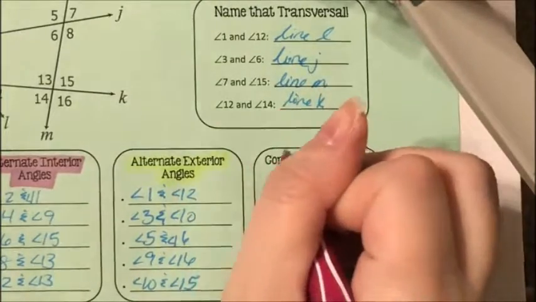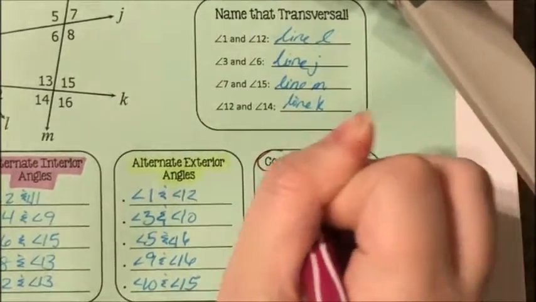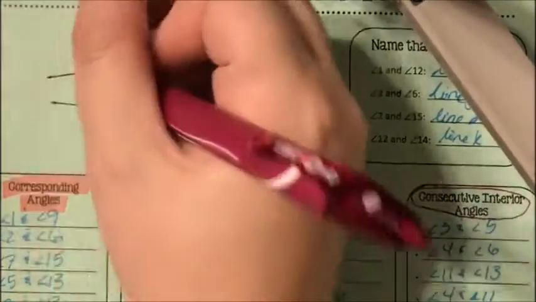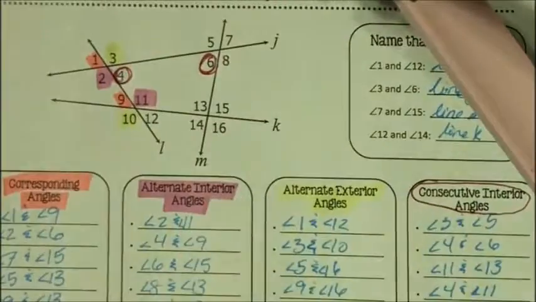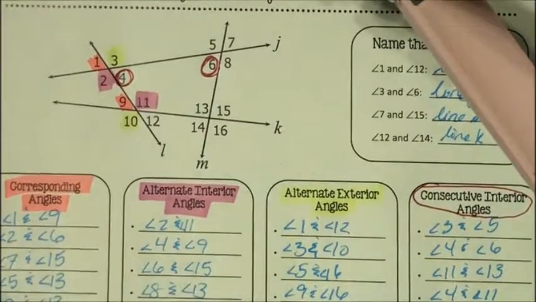Okay, so these are consecutive interior angles. It's like 4 and 6 consecutive interior angles.